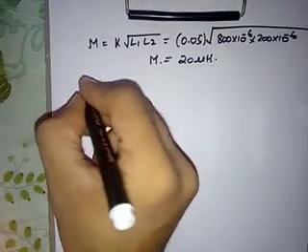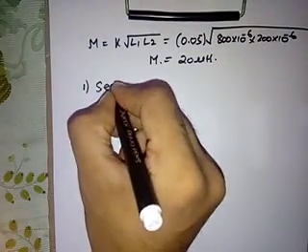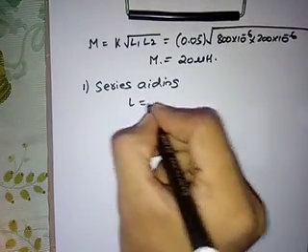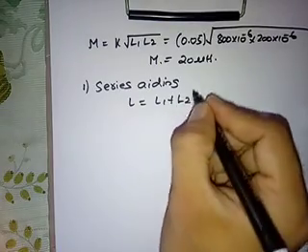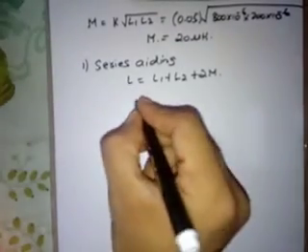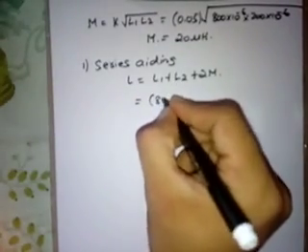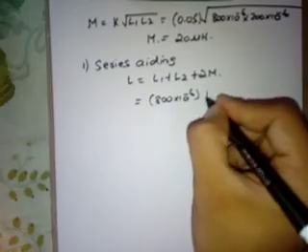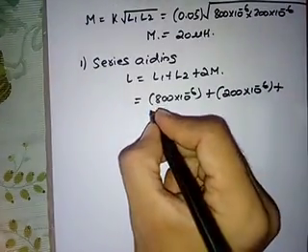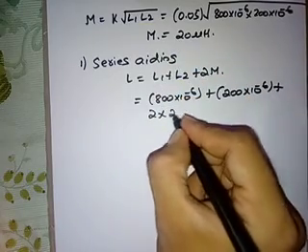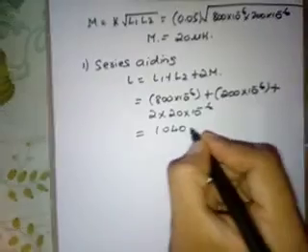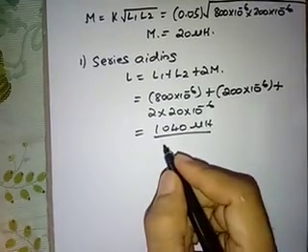Next, for series aiding, the formula is L is equal to L1 plus L2 plus 2M. So this will be equal to 800 into 10 raised to minus 6 plus 200 into 10 raised to minus 6 plus 2 into the M value, that is 20 into 10 raised to minus 6. The answer is 1040 microhenry for series aiding.